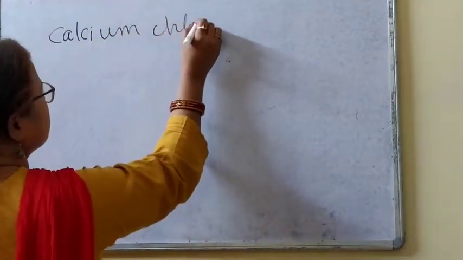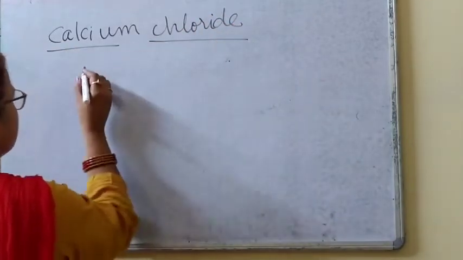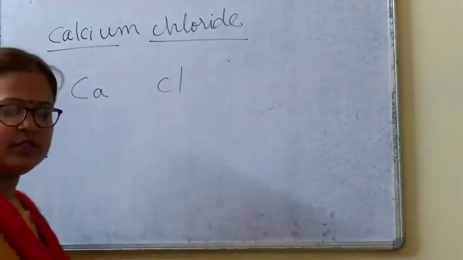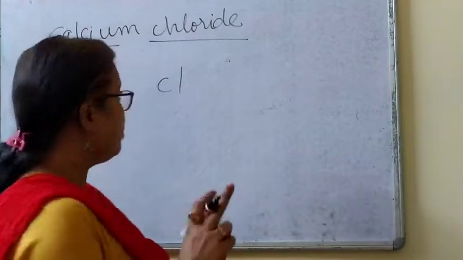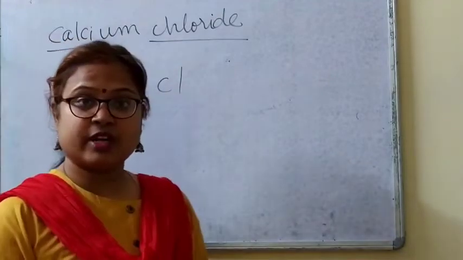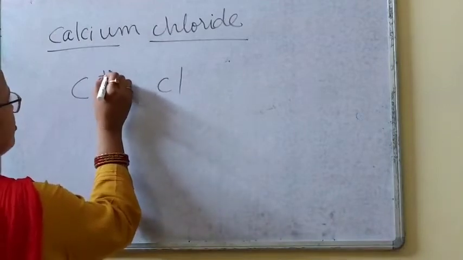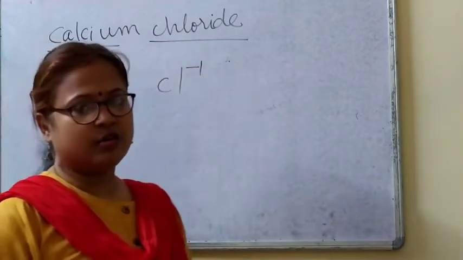So this is calcium and this is chloride. This is the symbol of calcium, this is the symbol of chlorine. What is the valency of calcium? 2, as we have now got. So we write 2 here. And the valency of chlorine is minus 1, or 1.